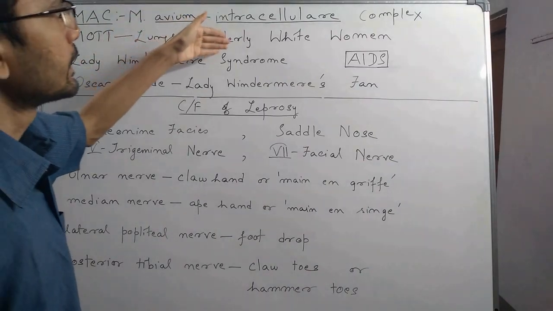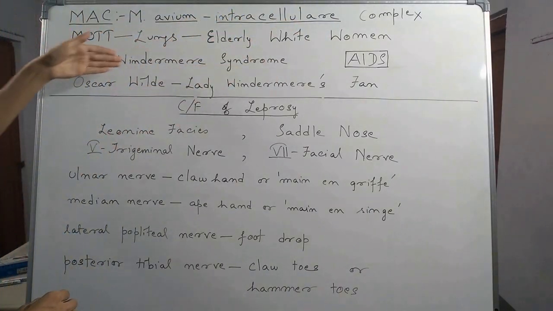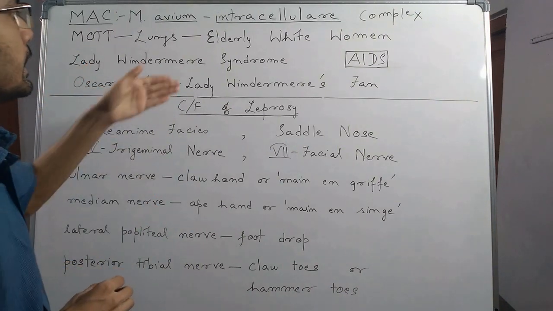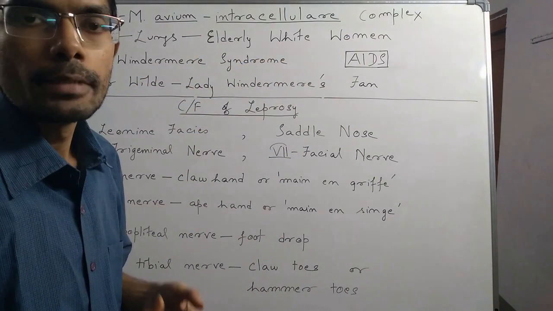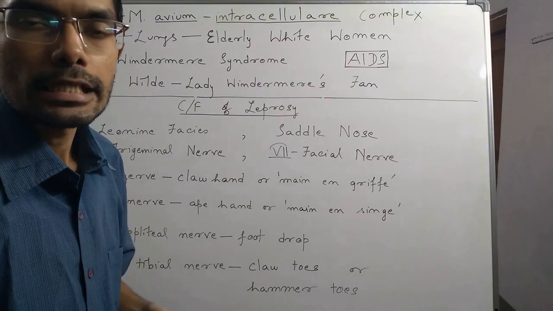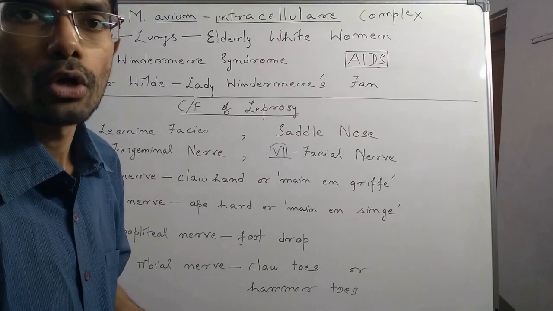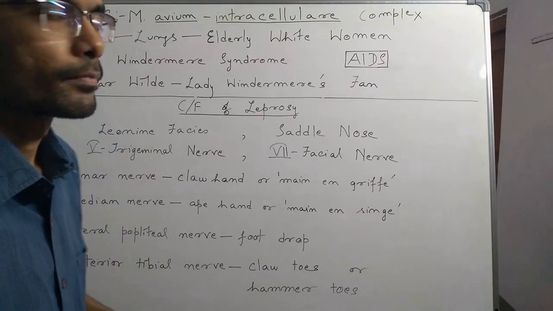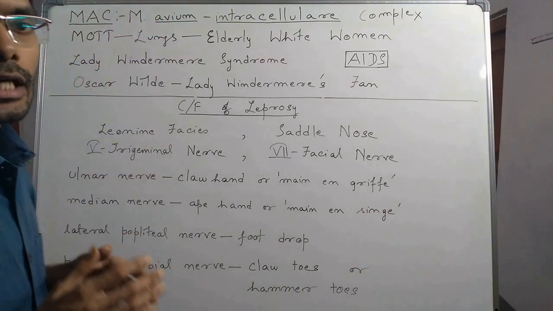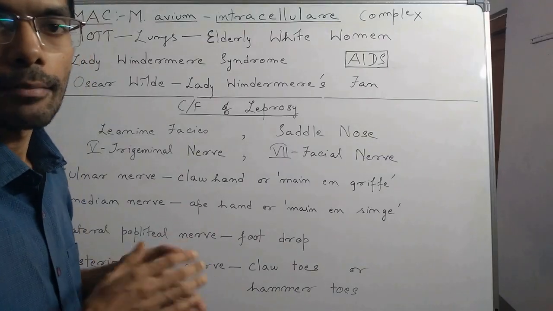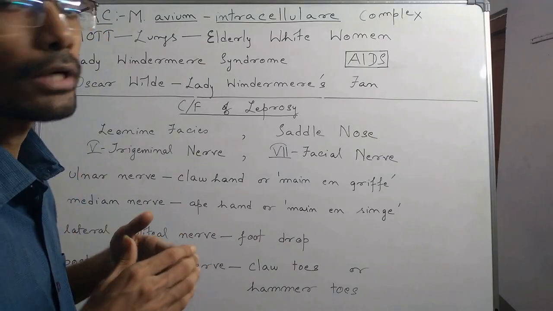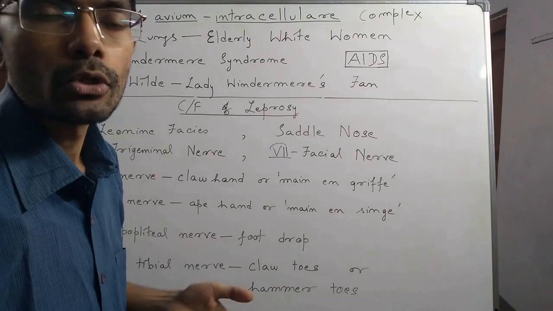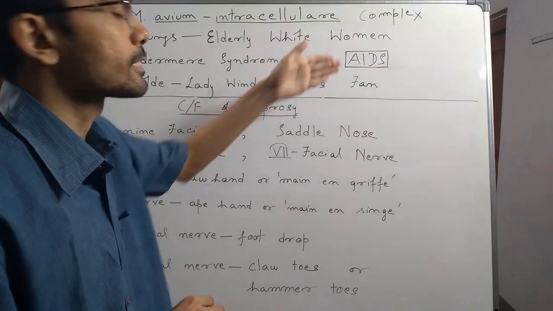And when it affects elderly white women, it's called Lady Windermere syndrome, after Oscar Wilde's Victorian era play Lady Windermere's Fan, because people at that time believed it was an acceptable social etiquette for women to not spit, thereby predisposing them to lung infections. Avium actually comes from the Latin for birds because it primarily affects birds. And on a side note, MAC infections are particularly relevant for immunocompromised individuals like AIDS patients.